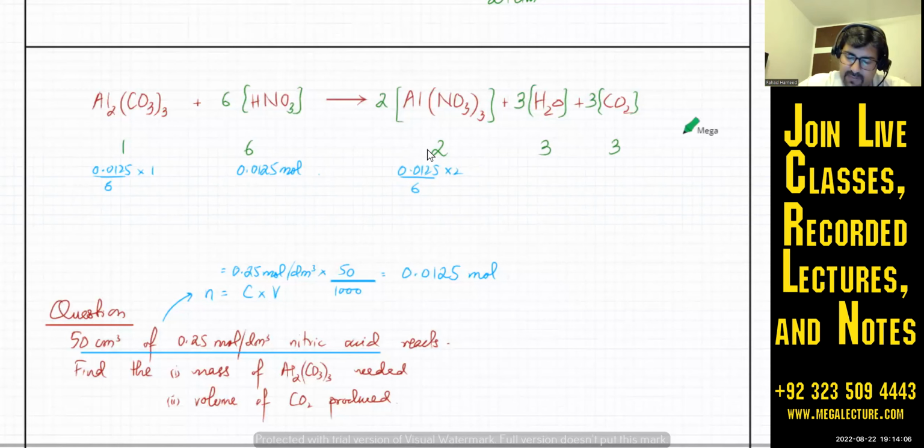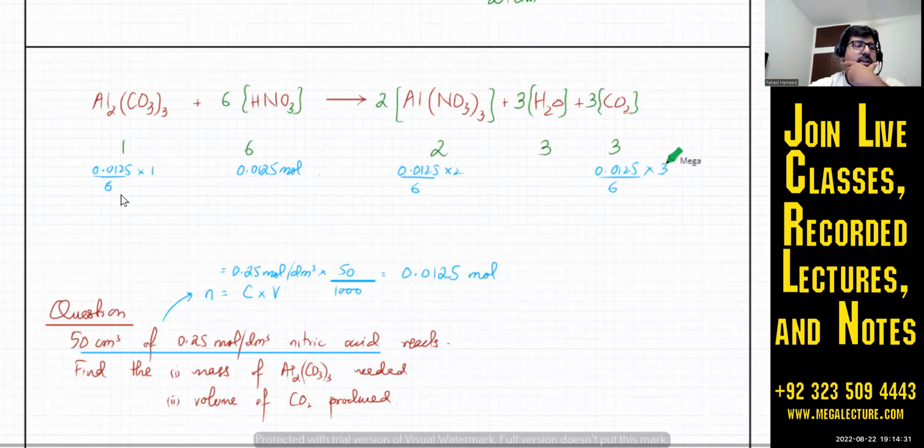If you want to find the moles of carbon dioxide, that's going to be 0.0125 divided by 6 times 3. Or you can set up the ratio, 6:3. Anyway, 0.0125 divided by 6 times 3. Did anyone try and find the first one?